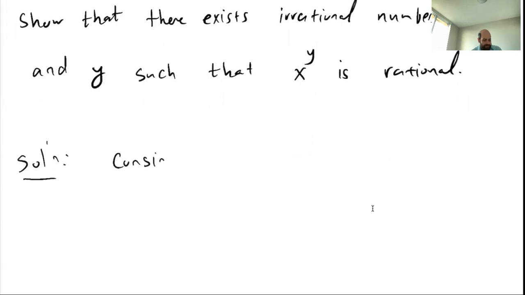Consider the number root 2 to power root 2. It's one irrational number raised to another irrational number. Both are, of course, the same, but an irrational number raised to an irrational number. Now, this number, root 2 to power root 2, is it rational or is it irrational?